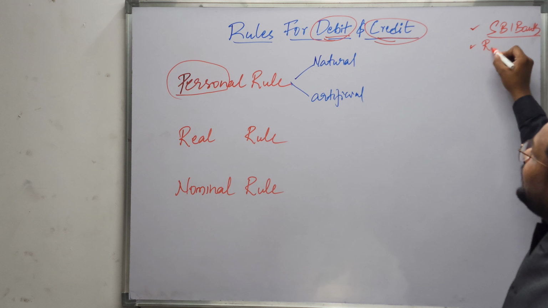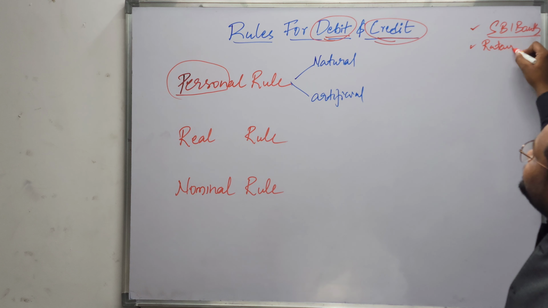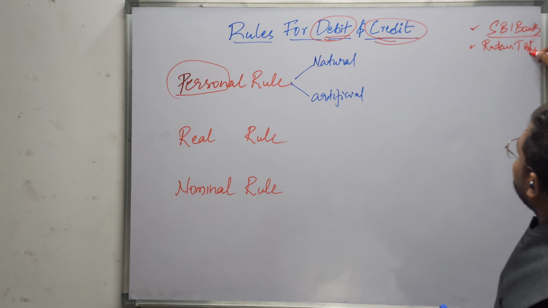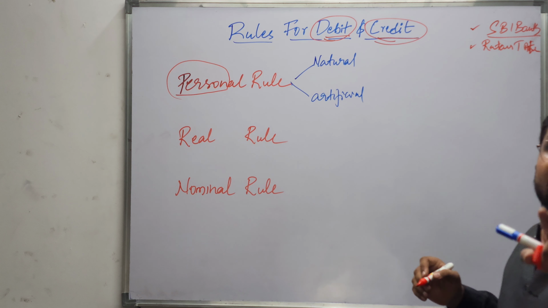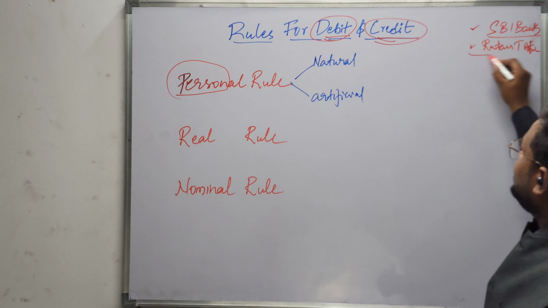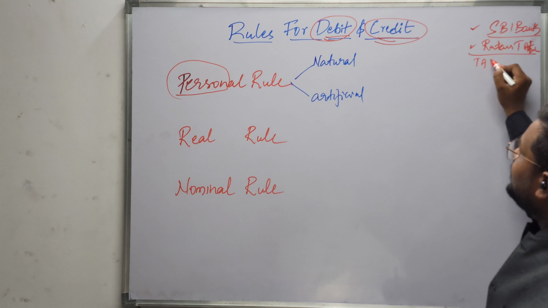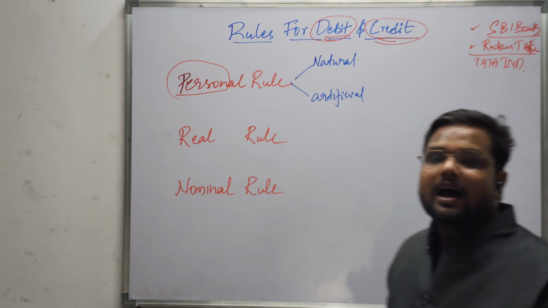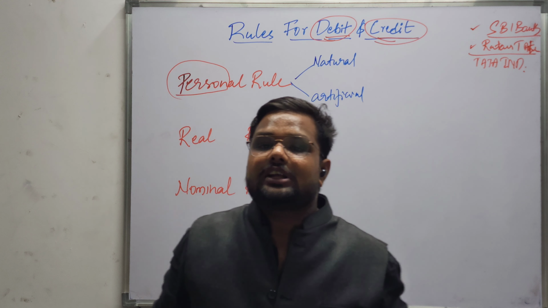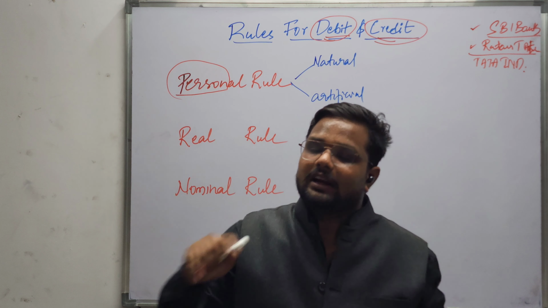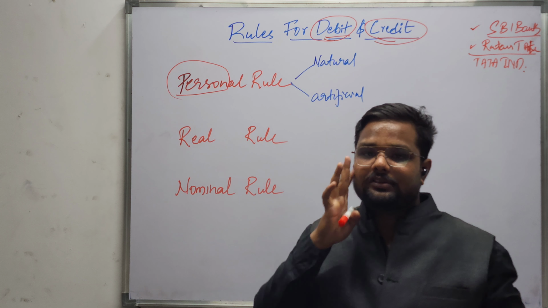Now Ratan Tata is a natural person, but Tata Industries is an artificial person. Now don't tell me, sir, I saw the factory. That is a factory, not the person.